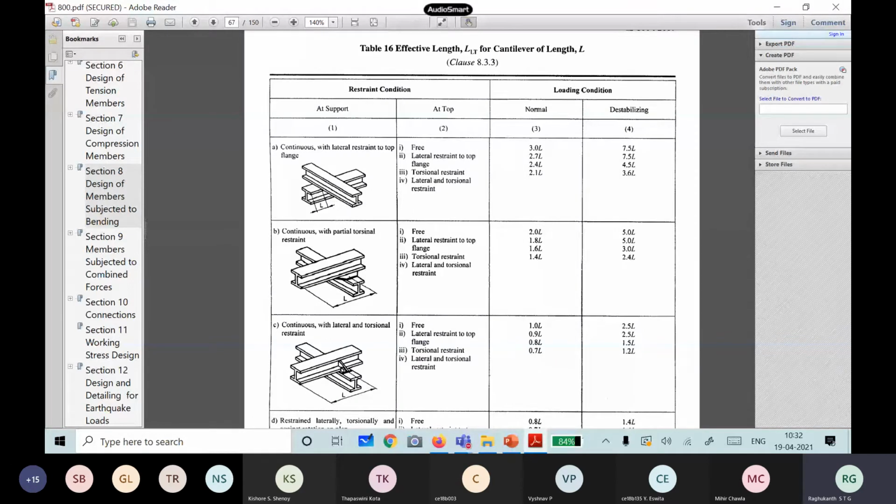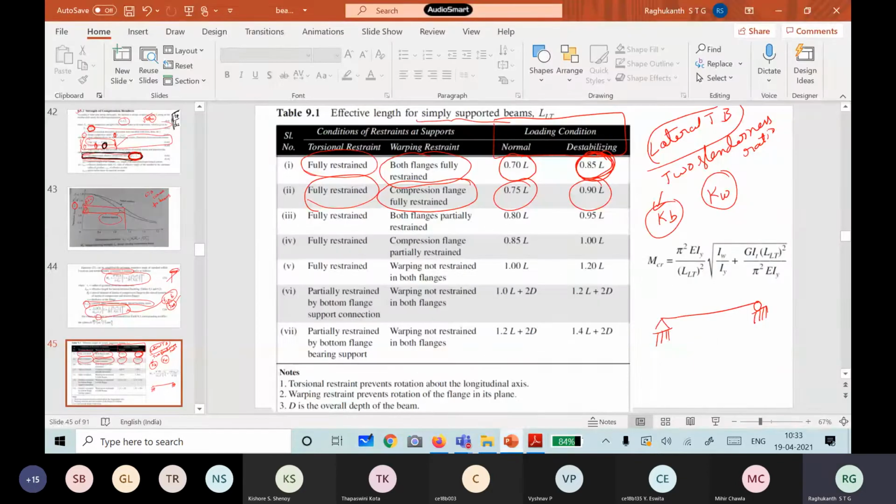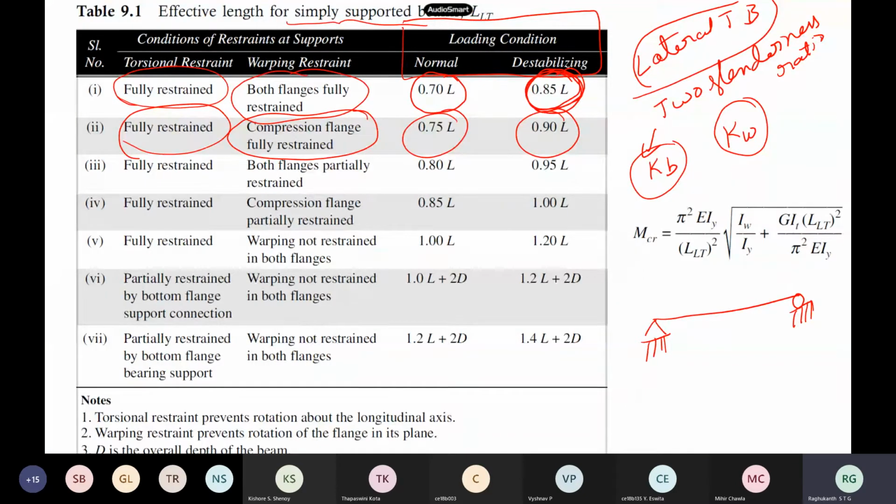You can find out the effective length for a cantilever of length L. These are the supports, what is the condition at the support, then what is the condition at the top. For the normal case and the destabilizing case, they will give you all these effective lengths of beams to find out lateral torsional buckling. All these things are given in our code book. So from this you can find out L by R, or the effective length.